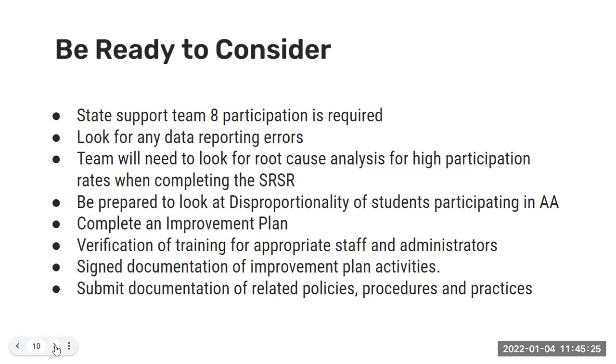And then you'll have signed documentation of improvement plan activities, and then you will submit documentation of related policies and procedures and practices that you have put into place. And we will definitely go into this in more depth when we meet as a team.